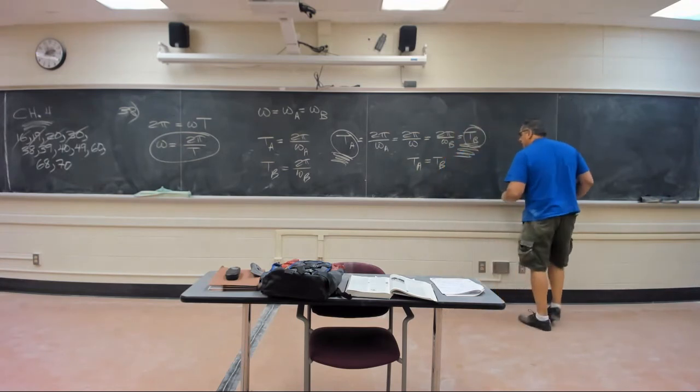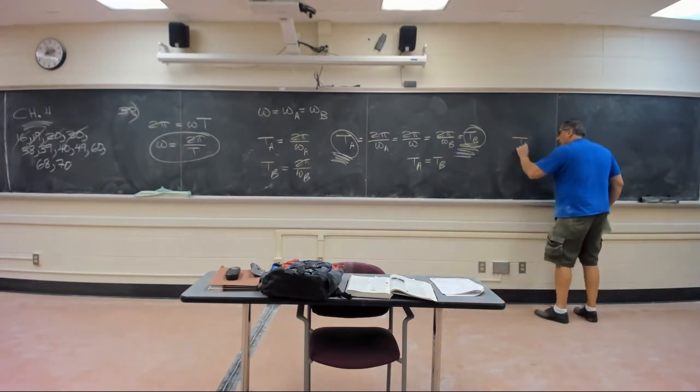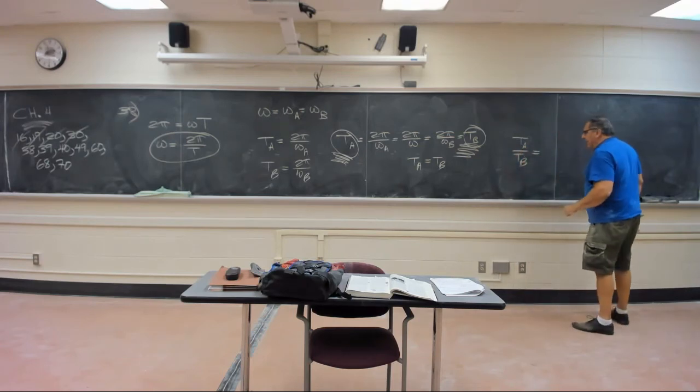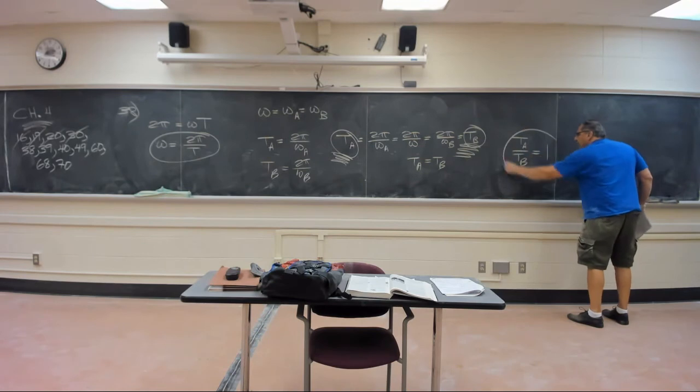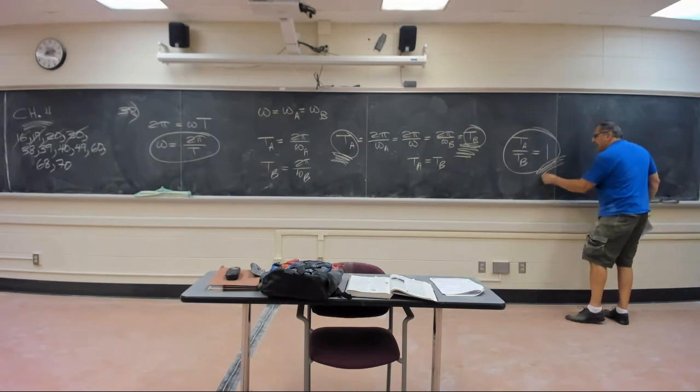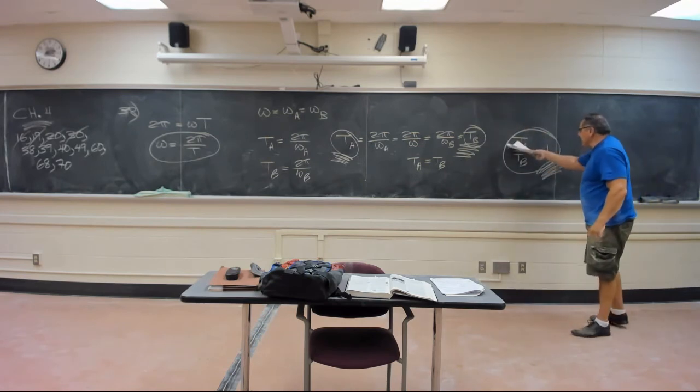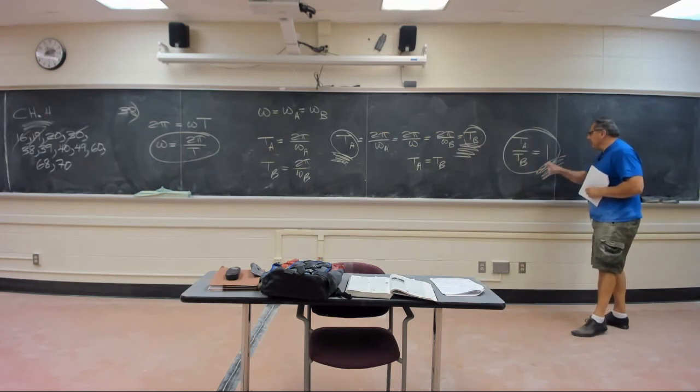I'm trying to throw you off. Divide by T sub B on each side. T sub A divided by T sub B is equal to 1.